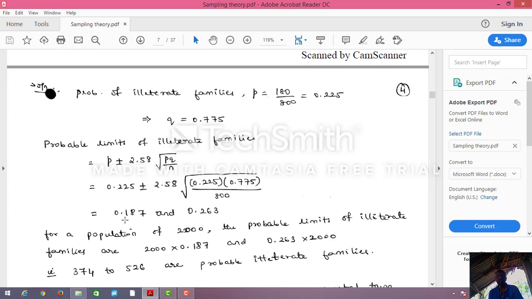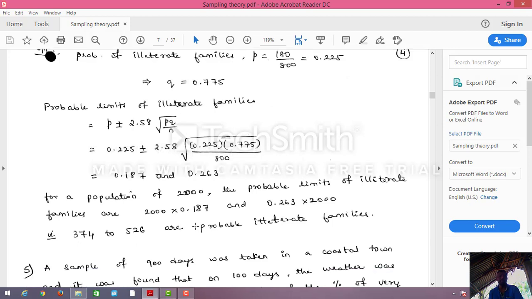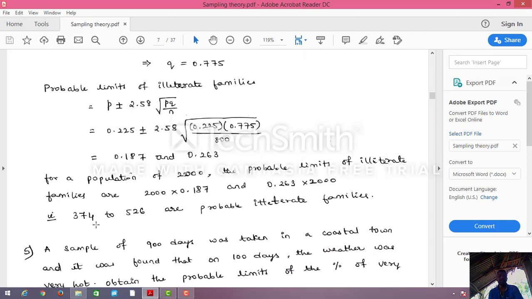If you add and subtract, you will get 0.187 and 0.263. Now, for a population of 2000, the probable limits of illiterate families are 2000 into 0.187 and 0.263 into 2000. This probable value I am multiplying with 2000. I will get 374 to 526 as the probable illiterate families.